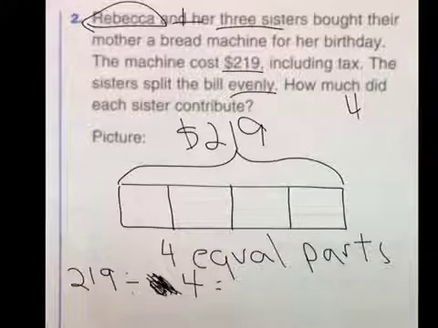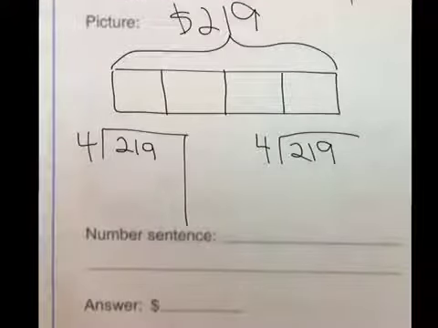Now, boys and girls, you can choose to do this with the partial quotient, or you can try with the standard format, the traditional format. Let's see. If you were to do 4 times 100, you would get 400, correct? That's too much. What if you did half of that? What if you did 4 times, instead of 100, you did 50, like this?